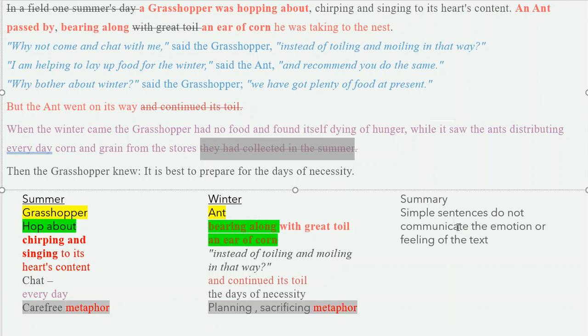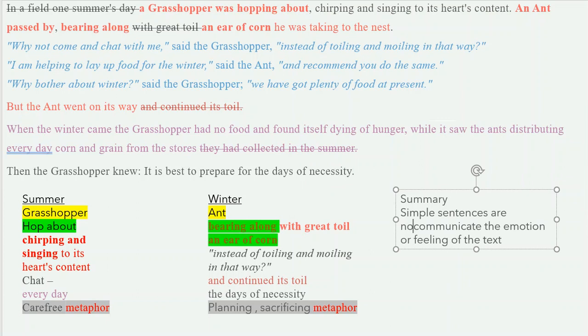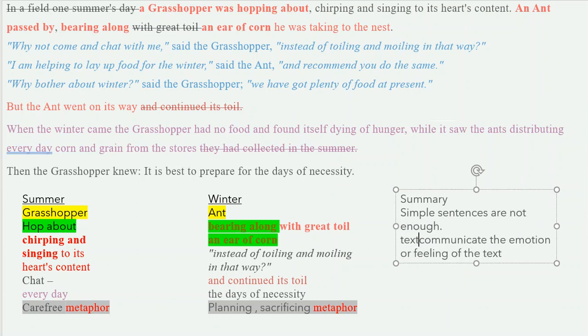So simple sentences are not enough. Okay, so we will say are not enough. Yeah? Texts communicate emotion. We need to find words that help us do so.